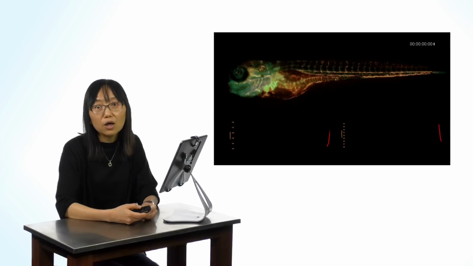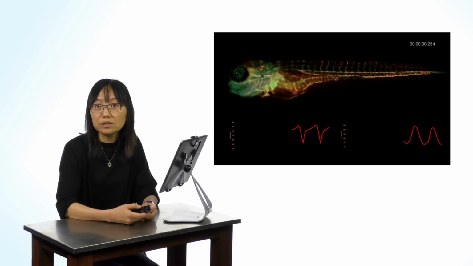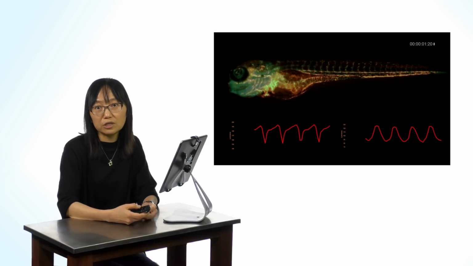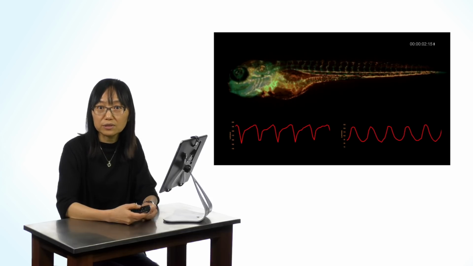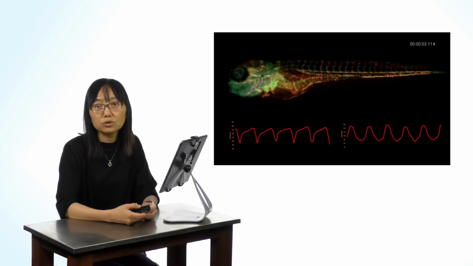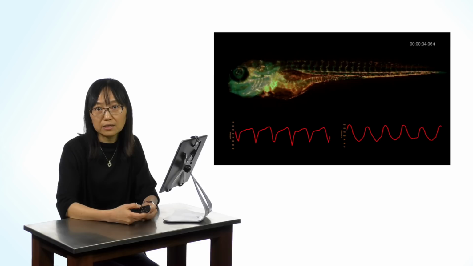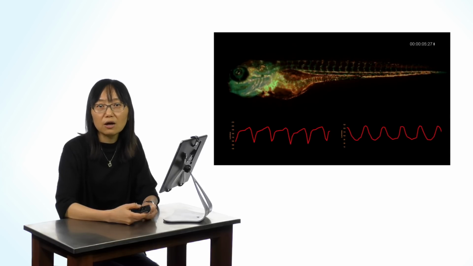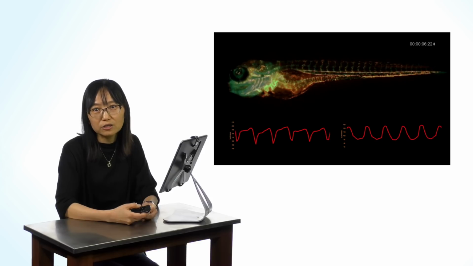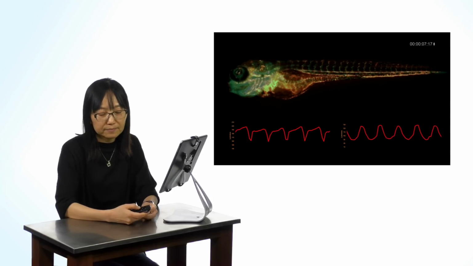In this movie, we show an embryo where we use KDRL promoter to drive GFP expression in all vessel cells and GATA promoter to drive the red fluorescent protein expression in blood cells. You can then monitor the heartbeat and blood circulation throughout the body.